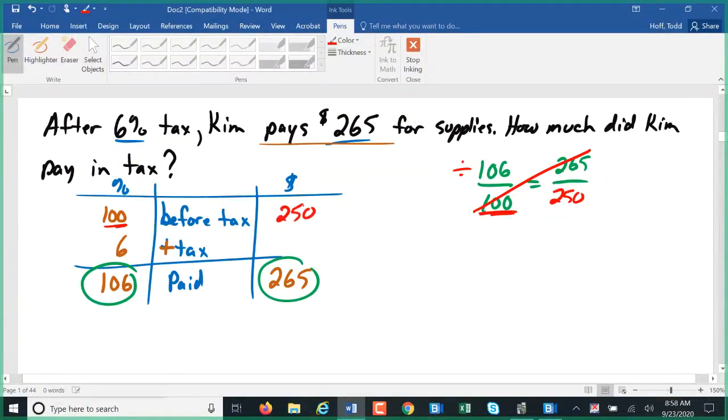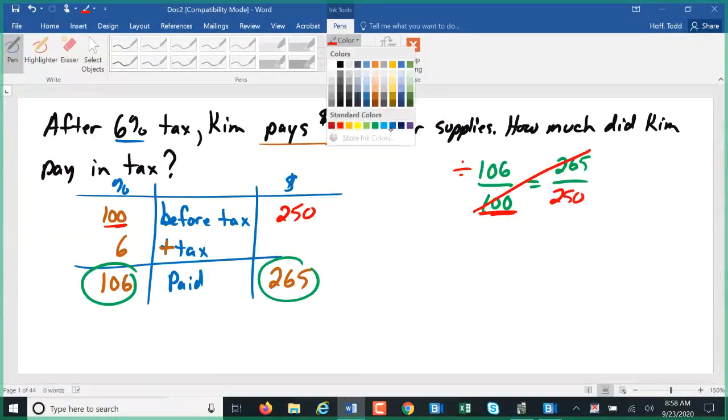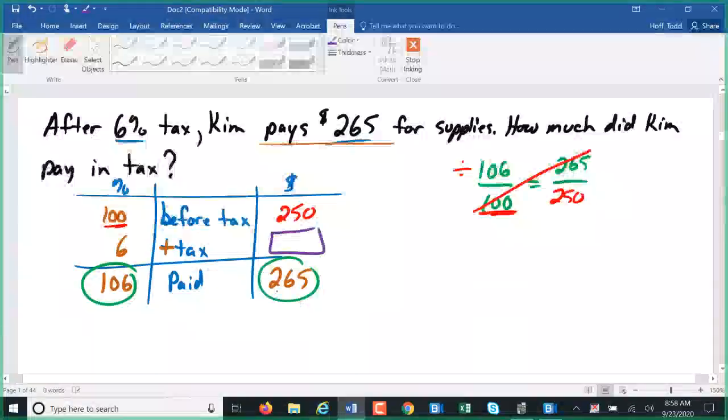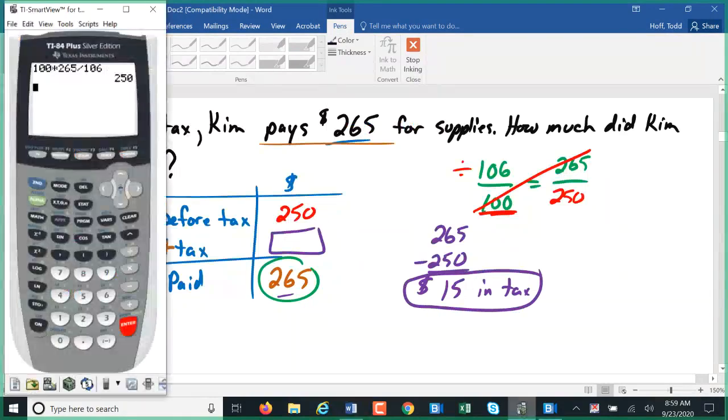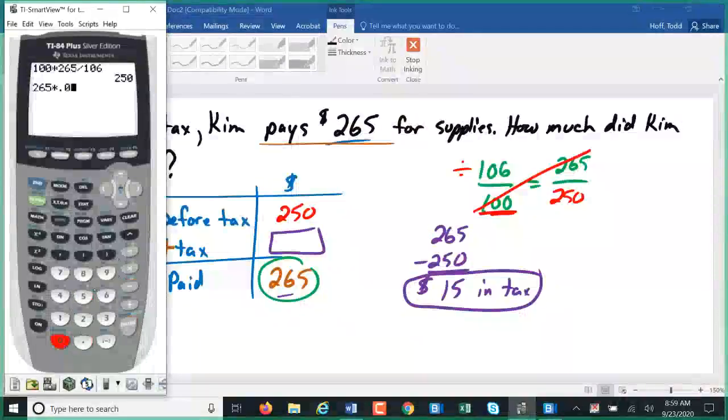That was the amount before tax. But what we're asked for here is how much was the tax? That's the difference between those two. We take the 265 as the amount paid, we subtract the amount before tax, and we get $15 in tax. Had we found 6% of the 265, we would be off by about 90 cents. Won't quite work out.